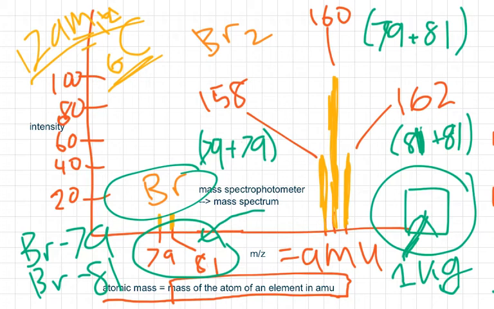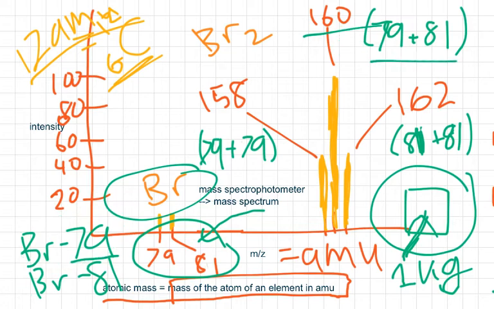If we think about this, the 158 peak comes from 2 bromines that each have a mass of 79 atomic mass units, or around there. And 160 comes from a combination of 1 Br-79 and 1 Br-81, because 79 plus 81 is 160.